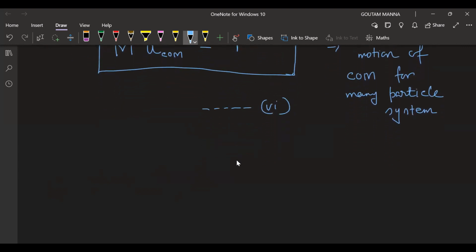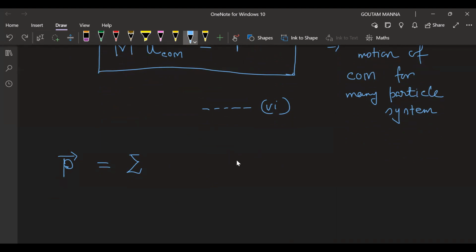Now I forgot to define one thing, that is the momentum. We will denote it by capital P, the momentum of the system, which is basically the sum over the momenta of all the individual particles.